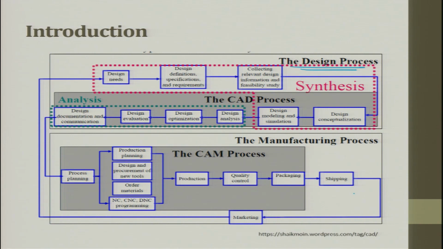When it comes to the manufacturing point of view, the data from the documentation goes to the process plan. The process plan is divided into four: production process, design and procurement, order material, and NC, CNC, DNC. DNC is distributed numerical control, wherein you have a main server and several CNC machines attached to the server.